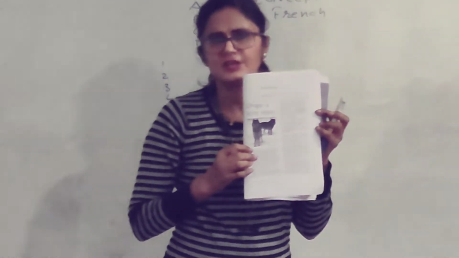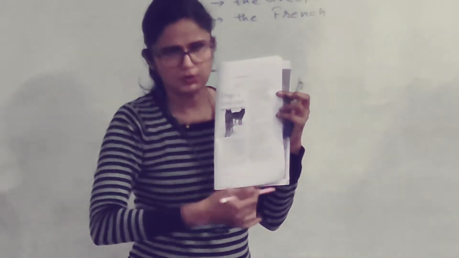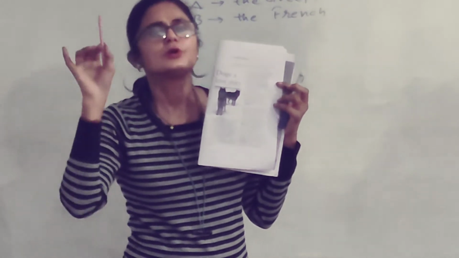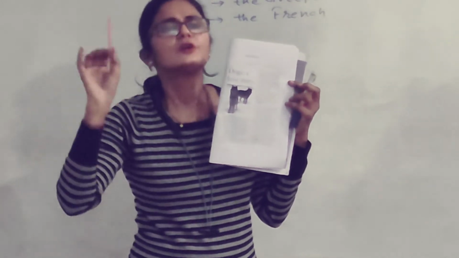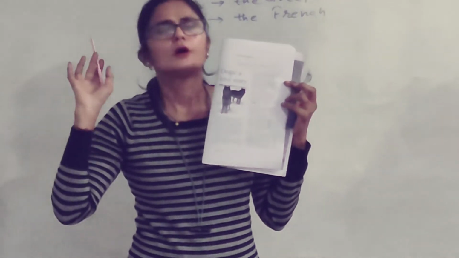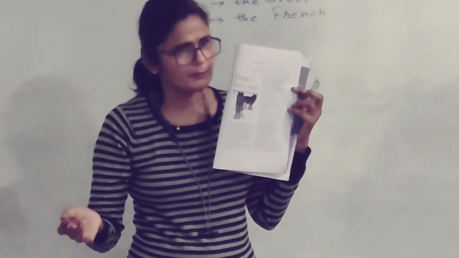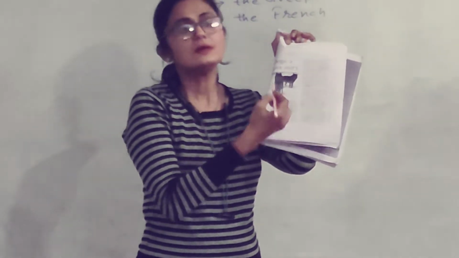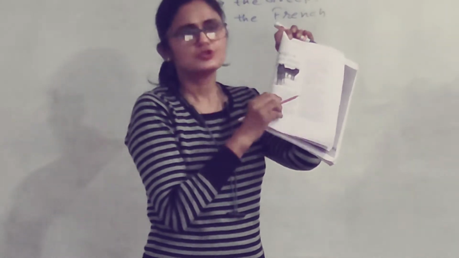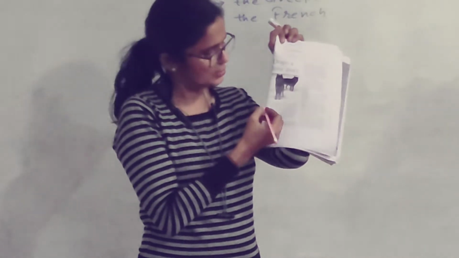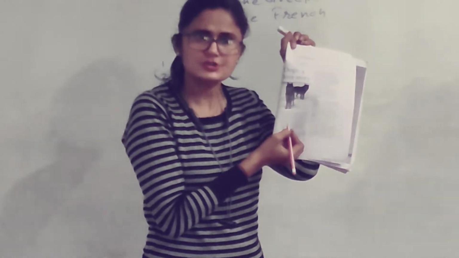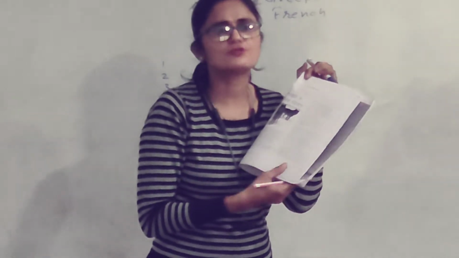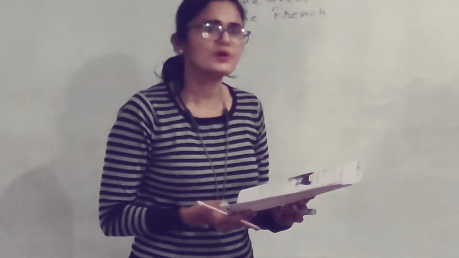So my suggestion is, while doing these questions, wherever you find French, Romans, Egyptians, Greek, English, or Americans, or Native Americans, encircle those and write them down in short by the side of the passage.